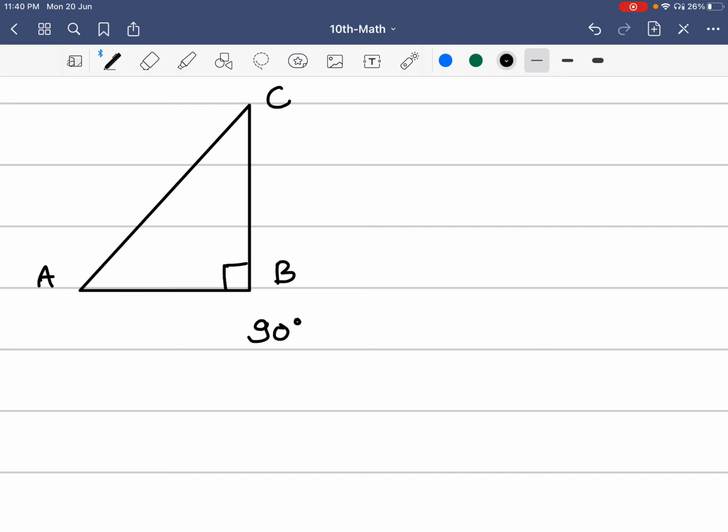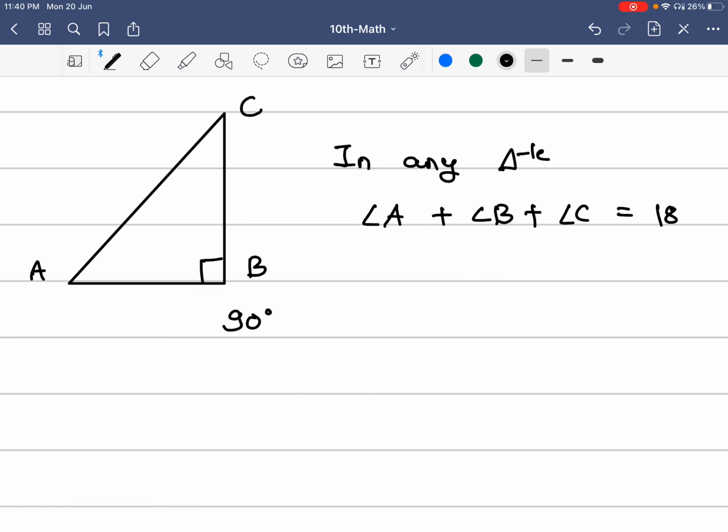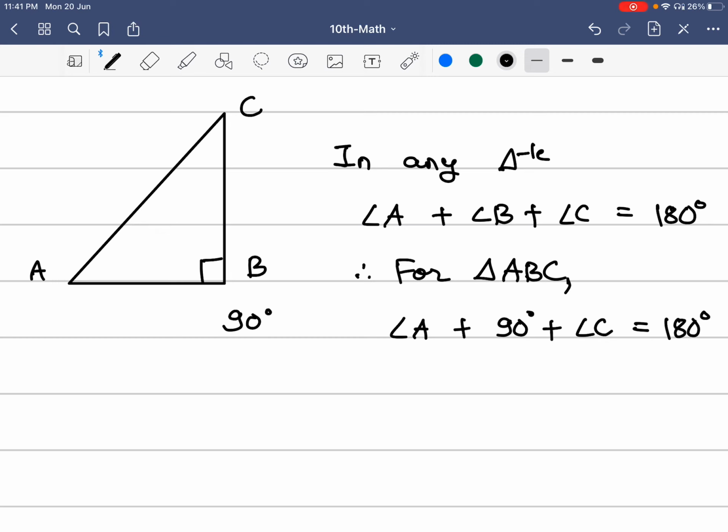Now we know that in any triangle, the sum of all the 3 angles is equal to 180 degrees. In triangle ABC, B is 90 degrees. Therefore, angle A plus 90 degrees plus angle C is equal to 180 degrees.